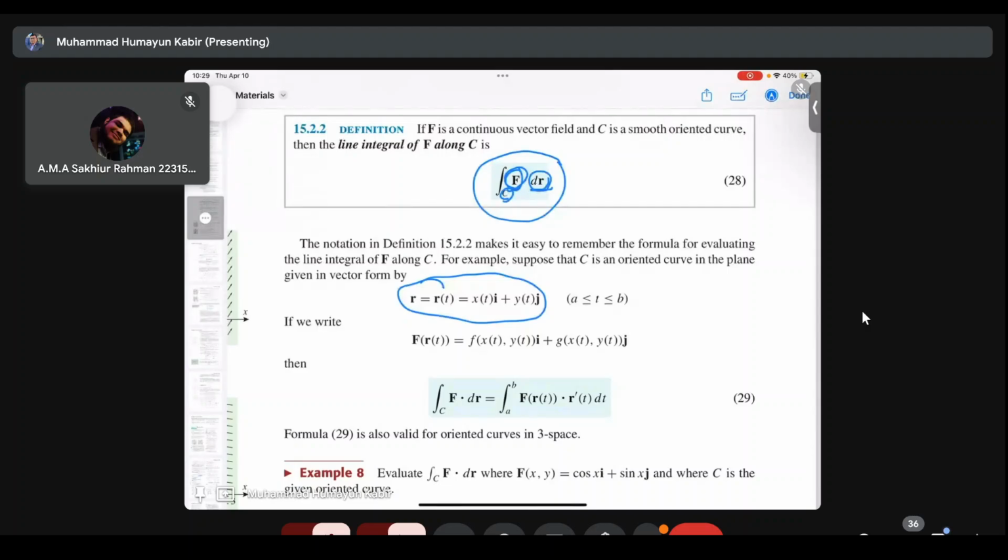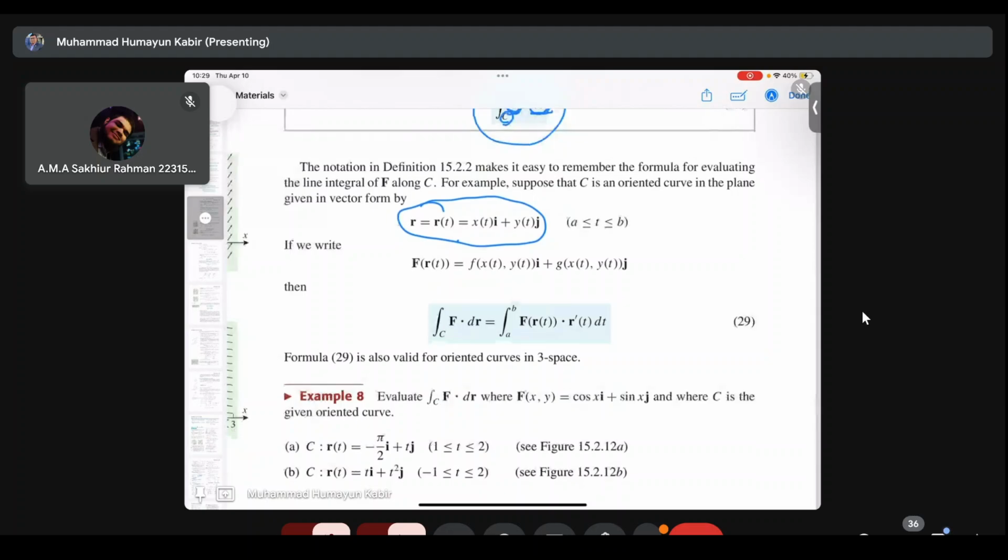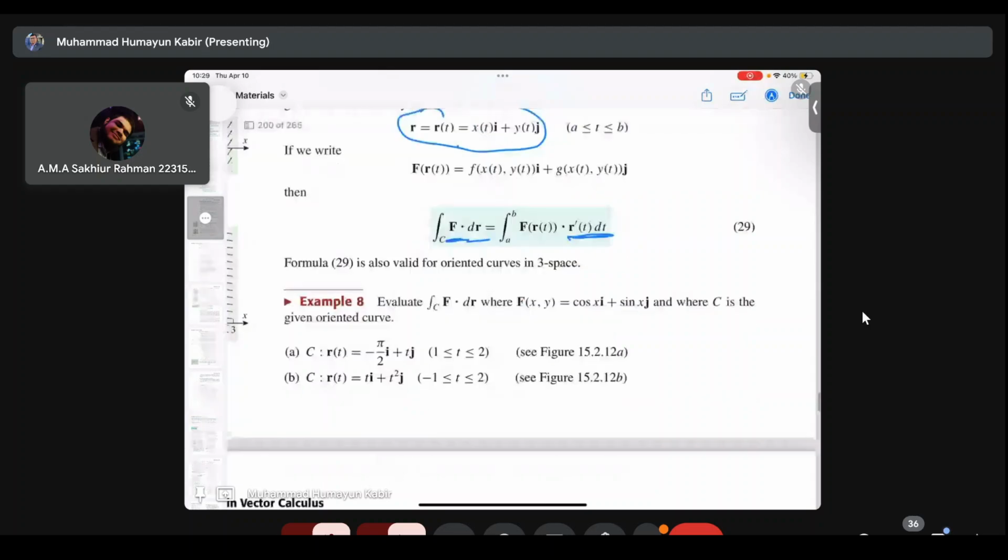From that r, you can use the vector valued function F as a single variable function, as if it were a two or three variable function, and dr equals r prime dt. Why dr equals r prime dt, I will explain, and then it will become a standard single integral, and subsequently you can find its value.